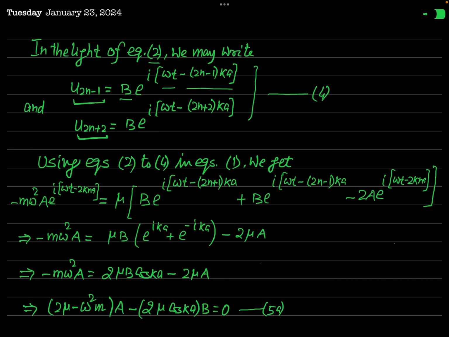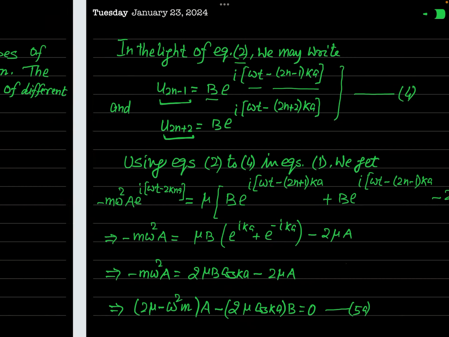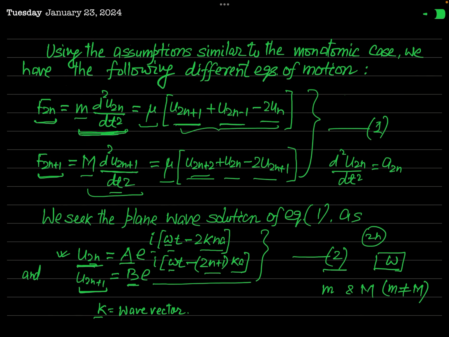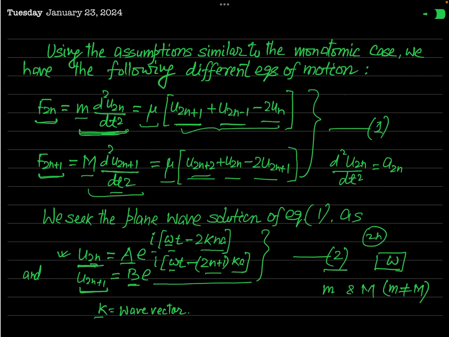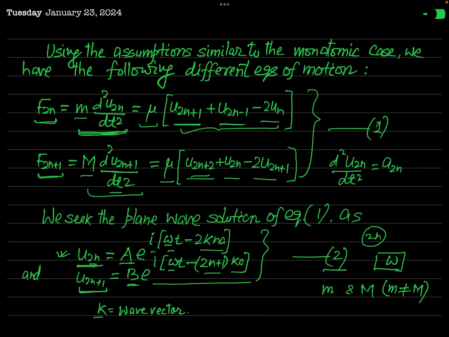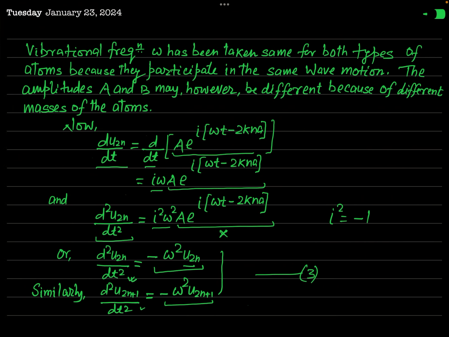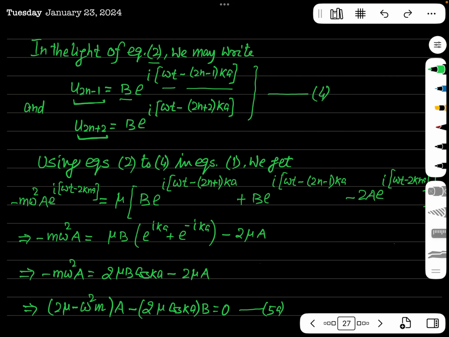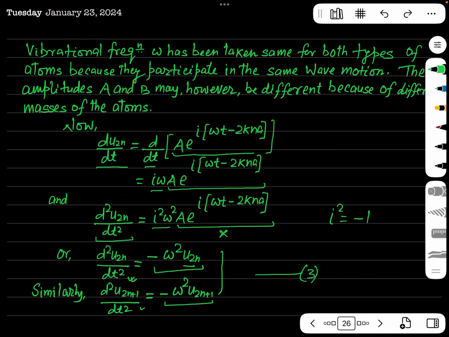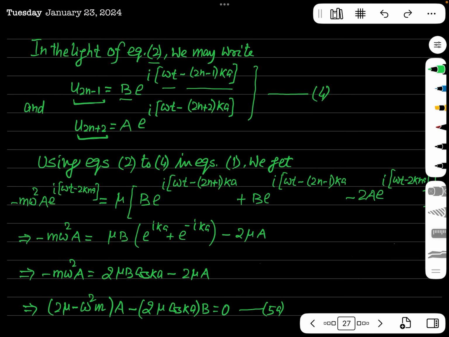is actually even numbered, and for an even number you have to write amplitude A, not B. So here there will be A, not B. In the expression of u2n minus 1 there will be B, because this is odd.